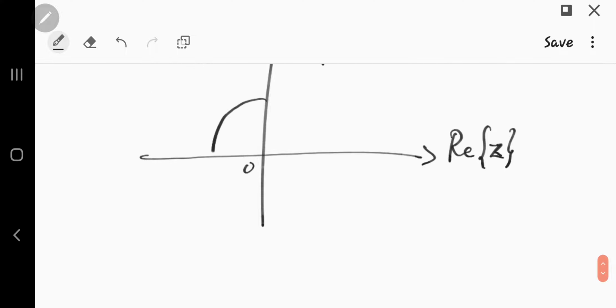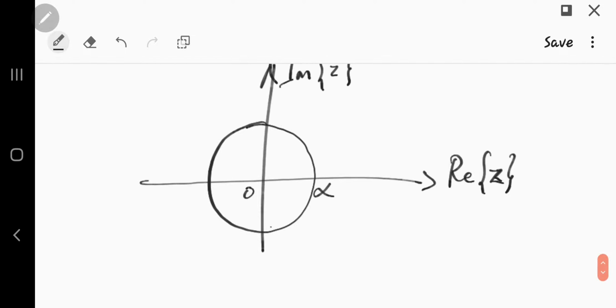So we have a circle with the radius alpha.